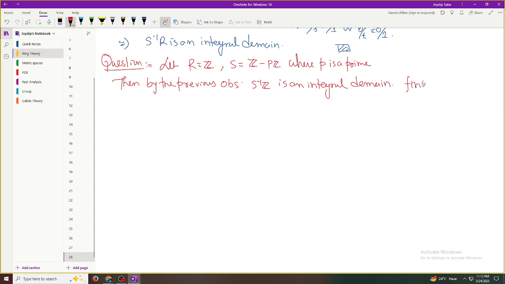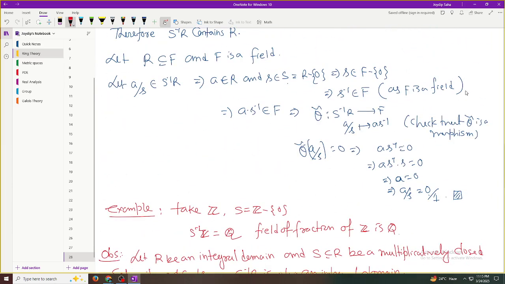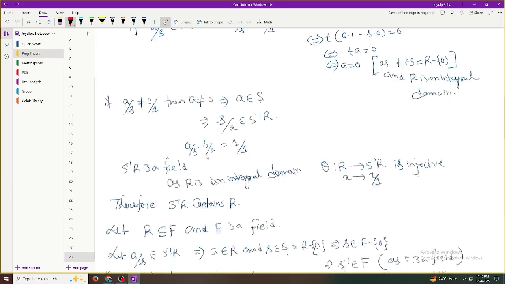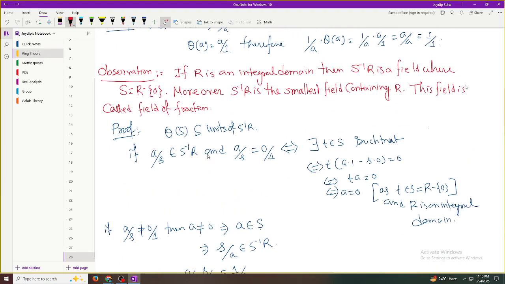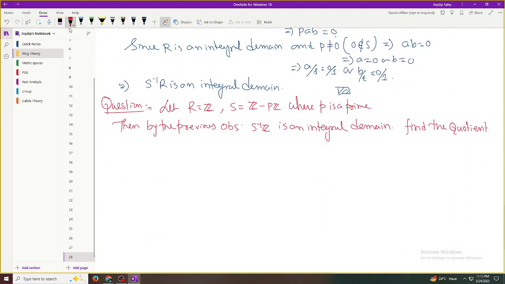Find the quotient field. Quotient field means field of fraction, the field of fraction of R. Both names are standard.